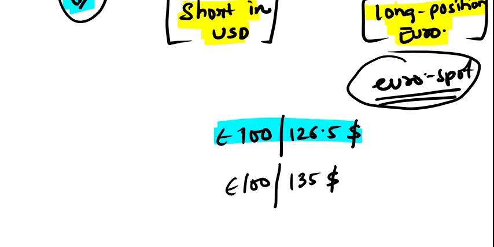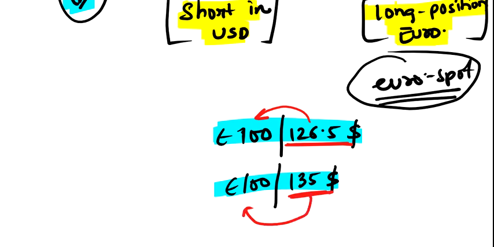You have to understand what you are afraid of. This is the position today and you are afraid of this. Means if today I fix this deal, I have to give only $126.5 and I will get 100 euros. But in case my dollars depreciate and now I have to pay $135 to get 100 euros, I have a loss. So what will I do? I will have a long position in the euros.